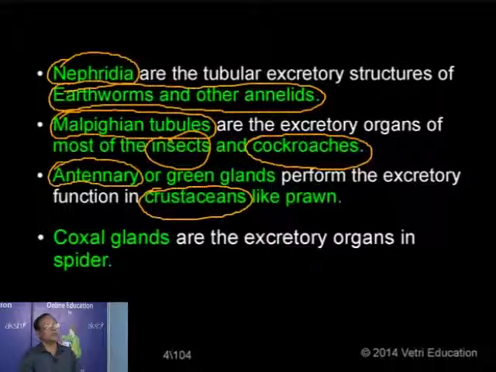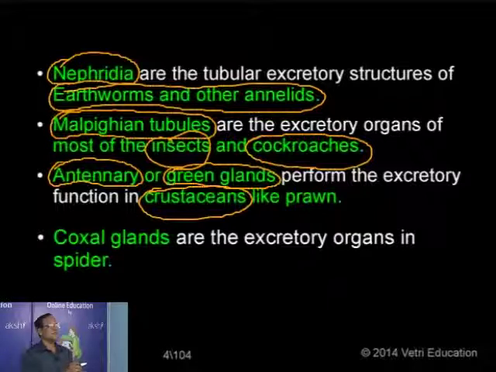Not only that, they are green in color, hence the name green glands. So based on the location they are called antennary glands, and based on the color they are called green glands. They are found in crustaceans like crab, prawn and lobster. All of these have the main excretory organs in the form of antennary glands or green glands.